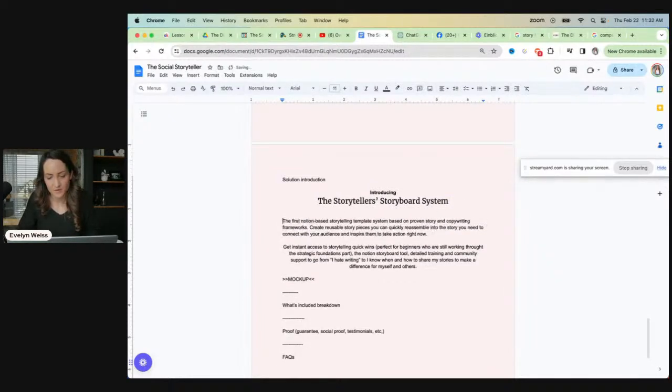Okay, introducing storyboard system. The first Notion-based storyboard template based on proven story and copywriting frameworks.